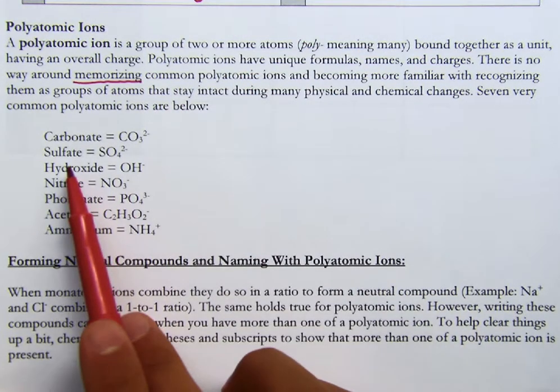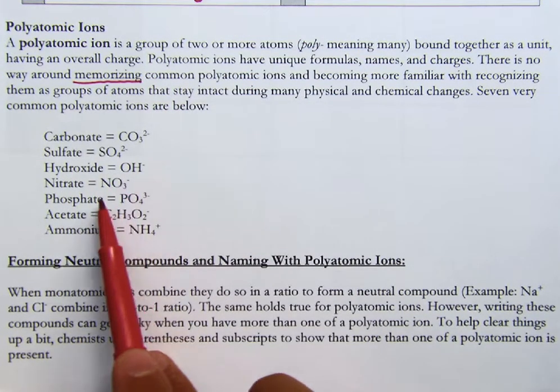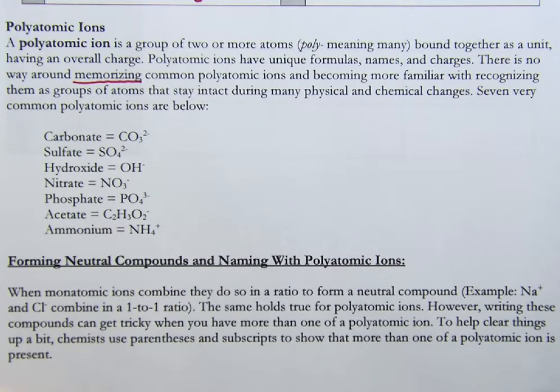The name and the formula and the charge, you just need to know nitrate means this, phosphate means that. You need to know what their charges are. Okay, so I encourage you in class, I have you make flashcards for these, and then I quiz you just on these, but knowing these polyatomic ions, so that it's something you don't even need to think about, can be really, really useful to you.